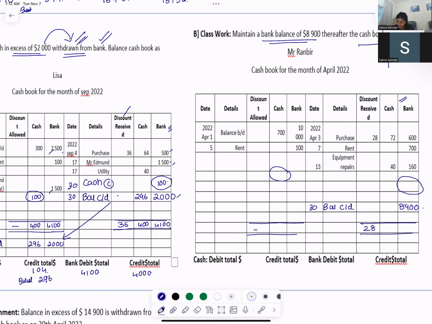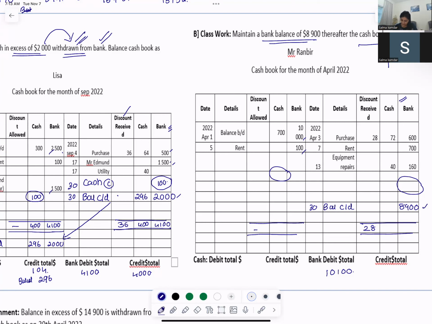Bank account debit total is how much? It is 10,100. What is the credit total of bank? It is 8,900 plus 600 plus 700 plus 160.